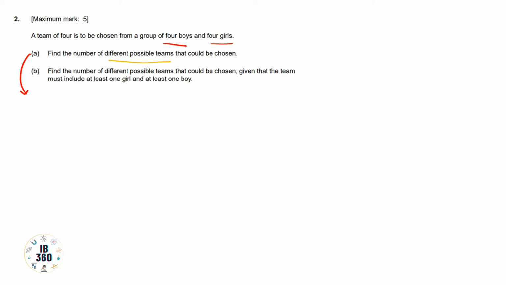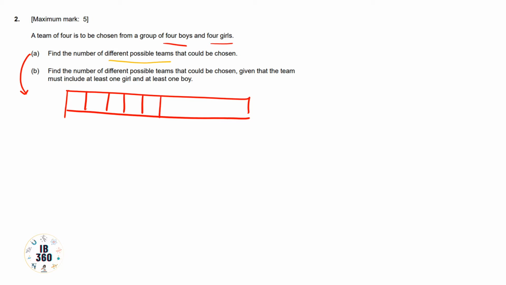Before proceeding to the combination part, here are 8 people: 1, 2, 3, 4, 5, 6, 7 and 8. This is one boy, another boy, another boy, another boy. This is another girl, another girl, another girl, and another girl.